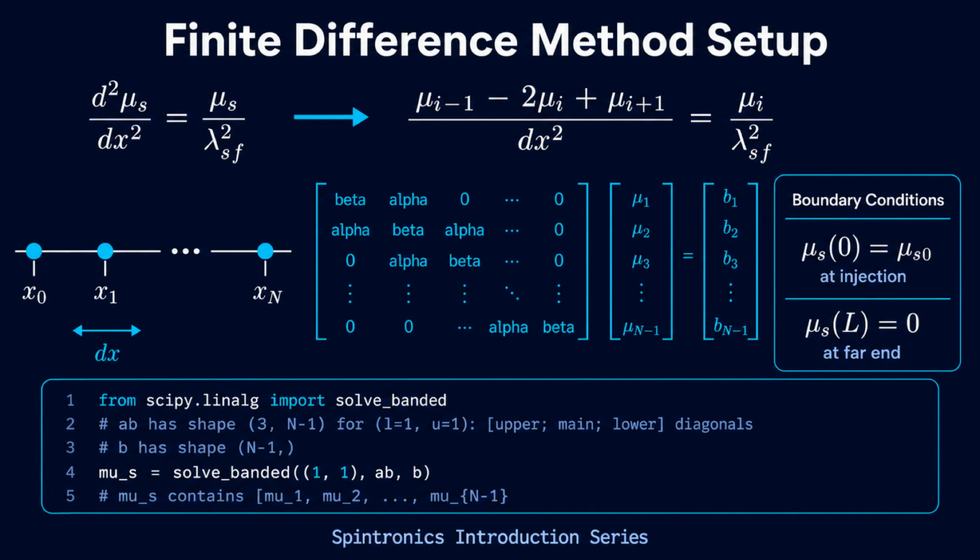The second derivative becomes a difference formula, creating a tridiagonal matrix system. The diagonal elements contain beta, which includes both diffusion and relaxation terms. Off-diagonal elements contain alpha from the diffusion term. We apply boundary conditions, fixed spin accumulation at the injection point and 0 at the far end.